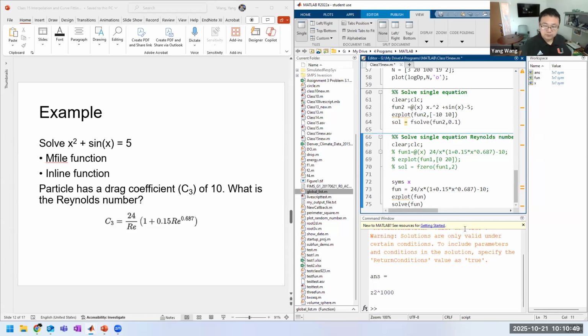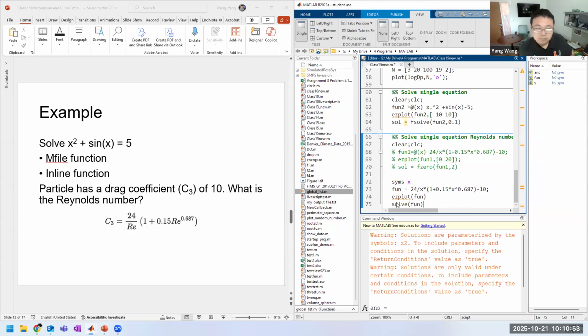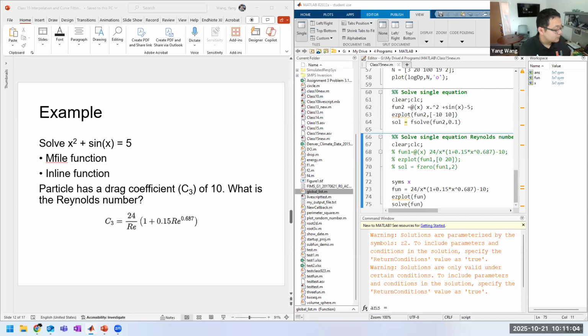Function. Okay. Well, it should be returning us a value, right? Let's see.